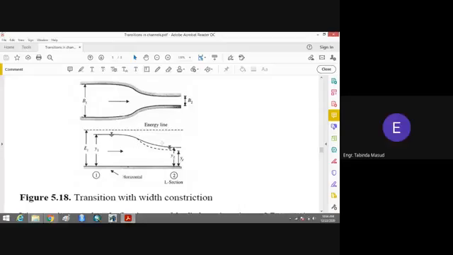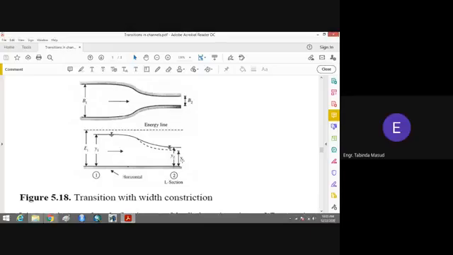If you further contract the channel width, what will happen? This y will decrease and decrease until it reaches the level where you have the critical depth of the flow. Okay, we have the same situation as in case of the weir. In the weir also we said that when flow approaches a weir, the flow over the weir will decrease and decrease until it reaches the critical depth of the flow.